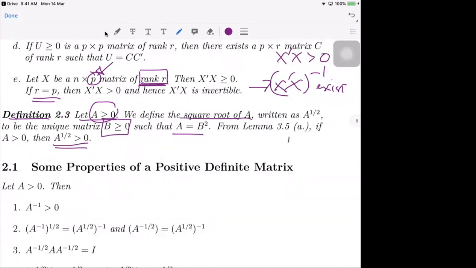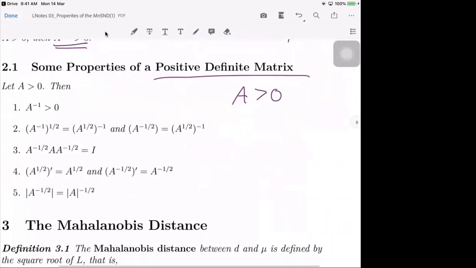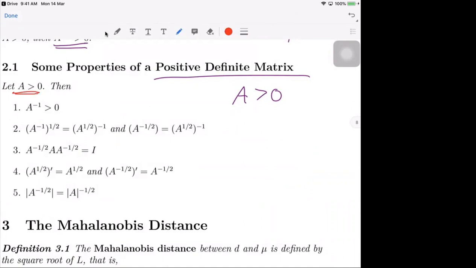So next are some properties of positive definite matrices. So A is assumed to be positive definite. If it is positive definite, the inverse is also positive definite. You can swap the operations of inverse and its square root.